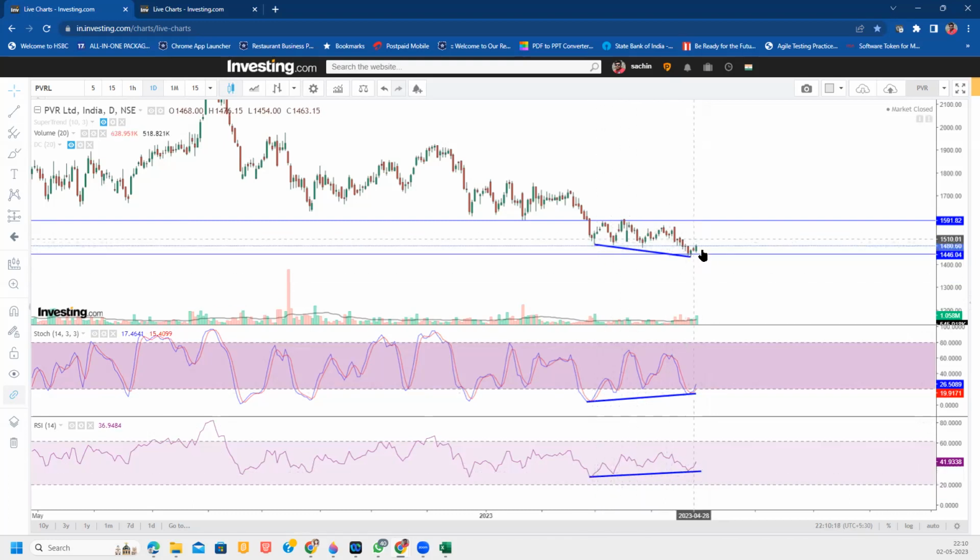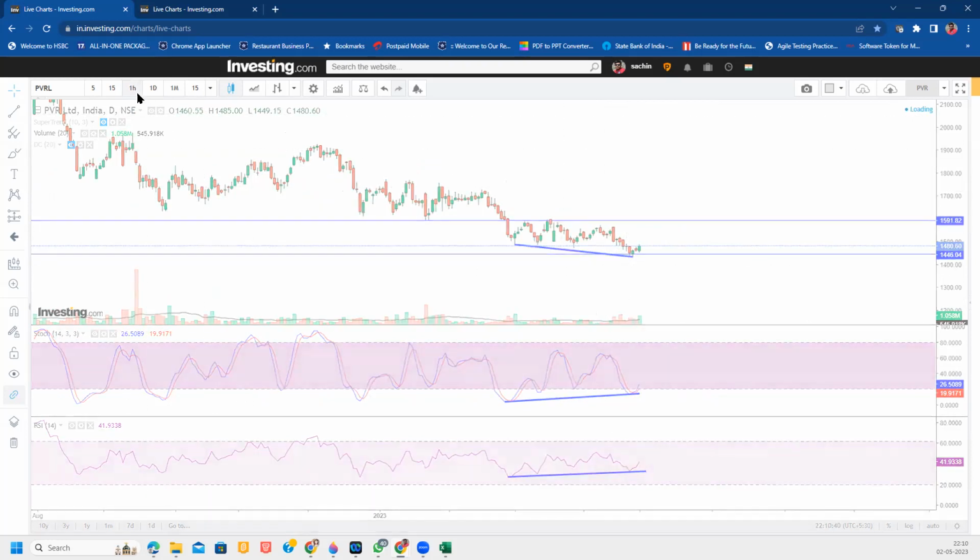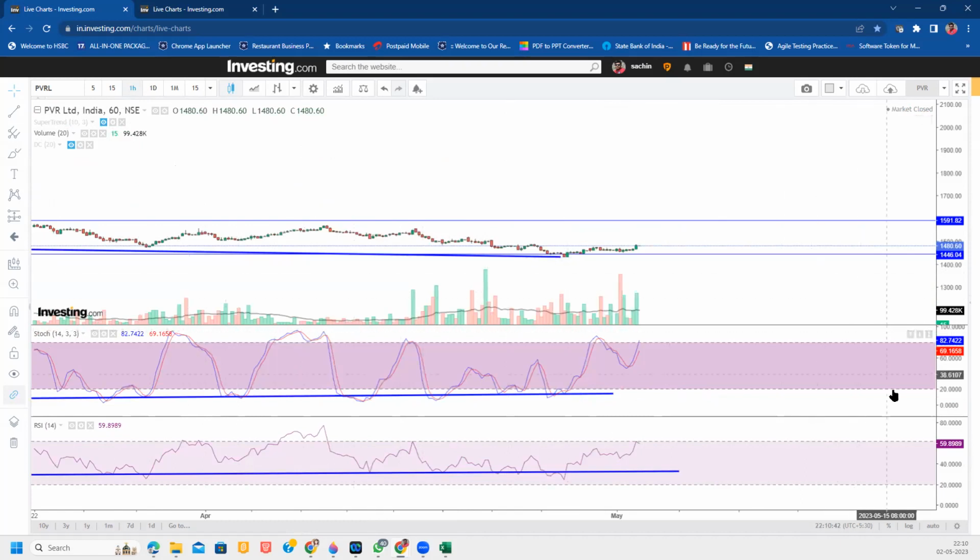So it is not in sync with the price action, and there was the possibility of a trend reversal. That is one of the main usages of divergence. Or I can say it is giving a bullish sign, just for understanding purposes. And even if you look at the lower time frame, it has already given.